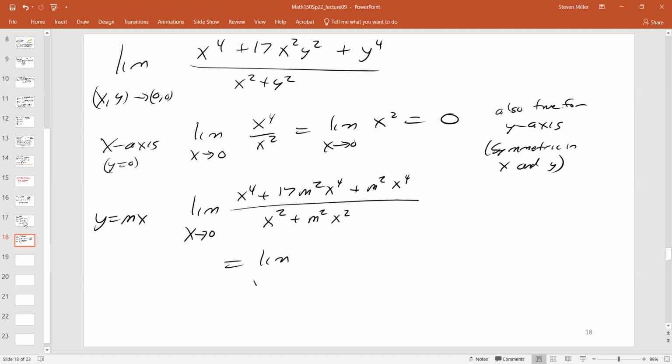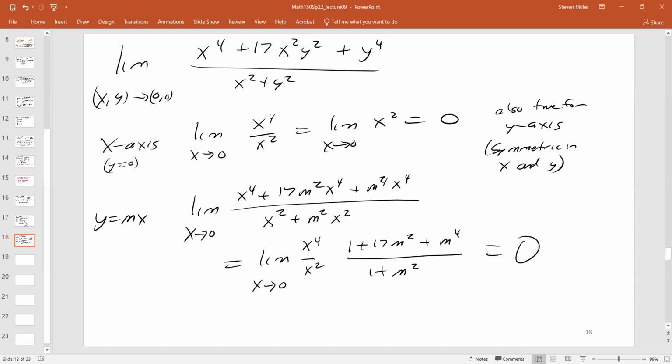So this is the limit as x goes to 0 of x to the fourth over x squared, and then everything else in the numerator is going to be 1 plus 17m squared plus m to the fourth, over 1 plus m squared. What is this limit as x goes to 0? It just equals 0. So along every line, we get 0.